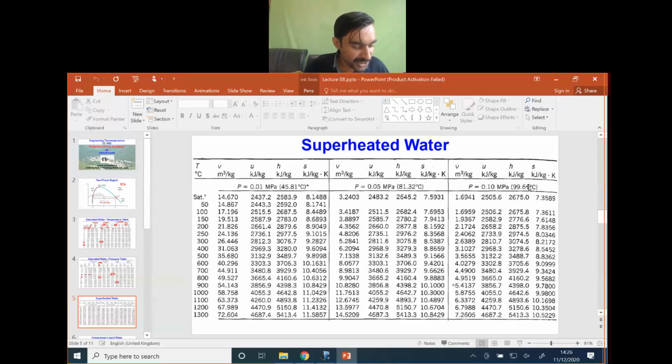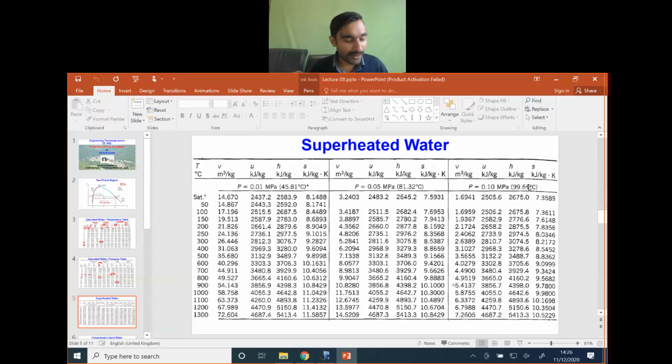Now if you refer to page numbers 920, 921, 922 and 923 of your steam tables which I have uploaded on Moodle, you can see that detailed superheated tables are given for a wide range of pressure conditions.